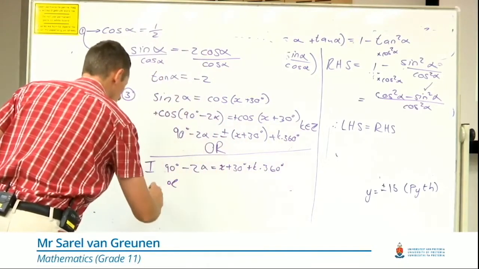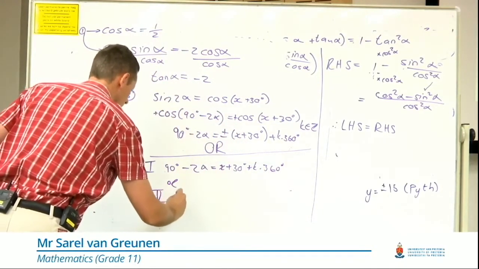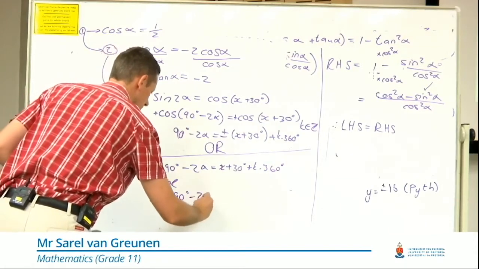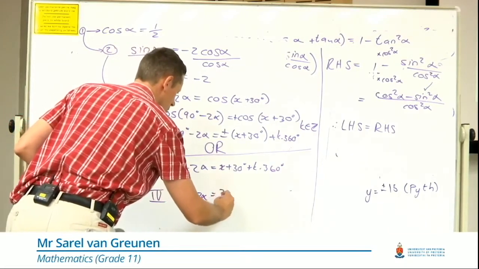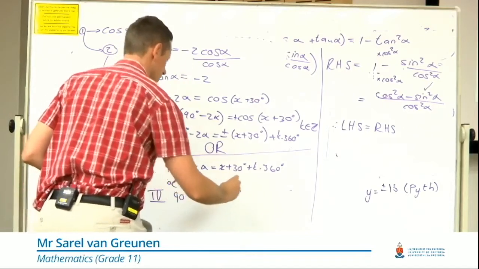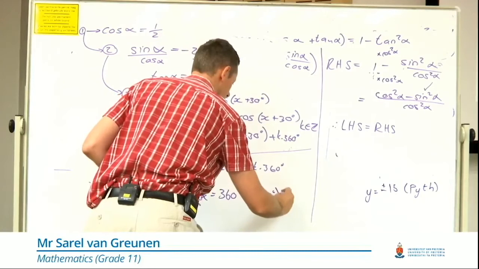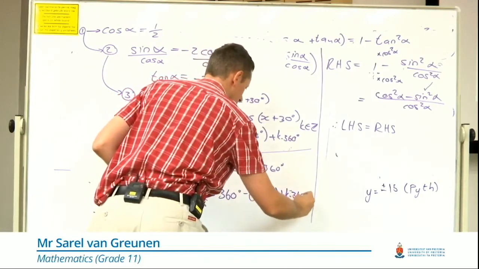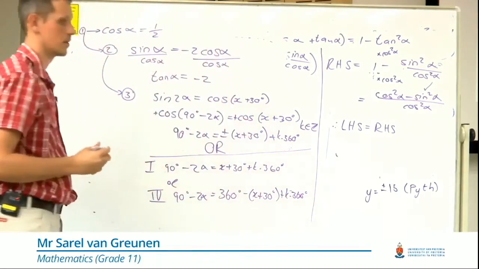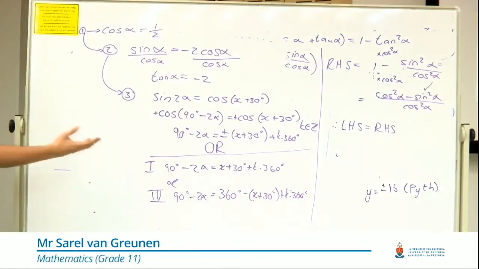Or in the fourth quadrant, I've got 90 minus 2 alpha equal to 360 degrees minus x plus 30 plus k times 360. Because you're working in the fourth quadrant.